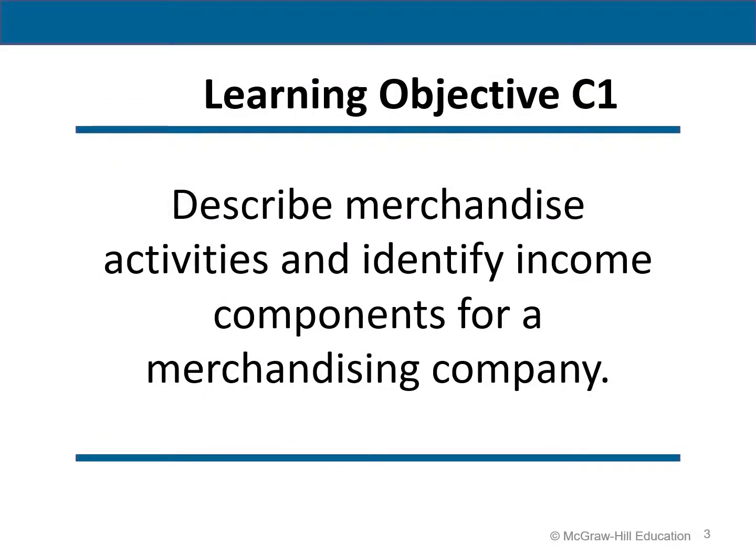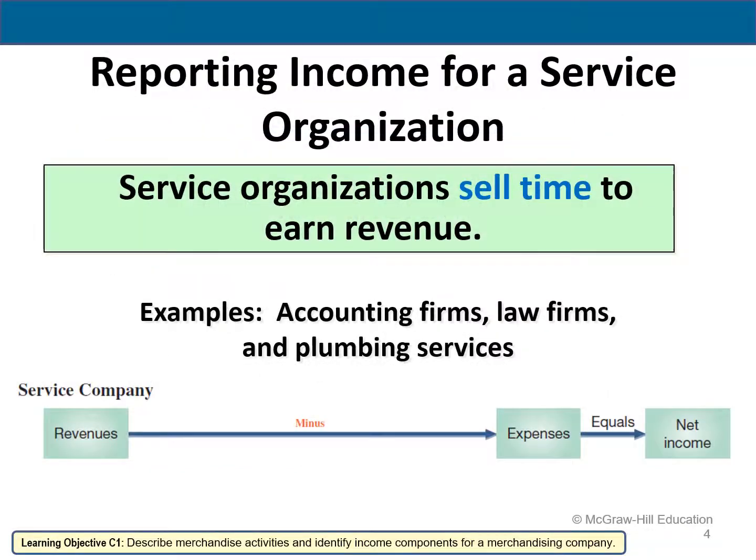Okay, so first let's describe what the merchandising activities look like and identify the components of income for a merchandising company. All right, so when we're reporting income for a service organization, the service organizations sell time basically to earn revenue. So accounting firms, law firms, plumbing services, that kind of thing. And so when we're looking at an income statement for a service-based company, this is all stuff you've seen before.